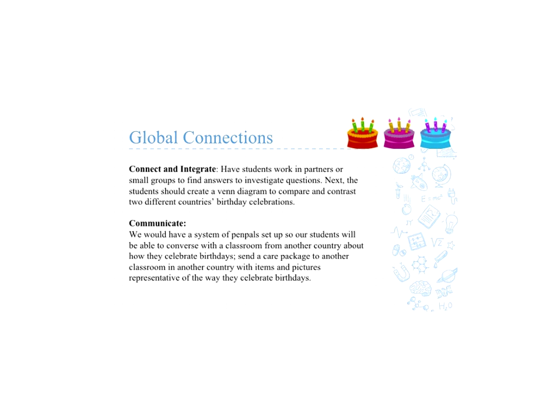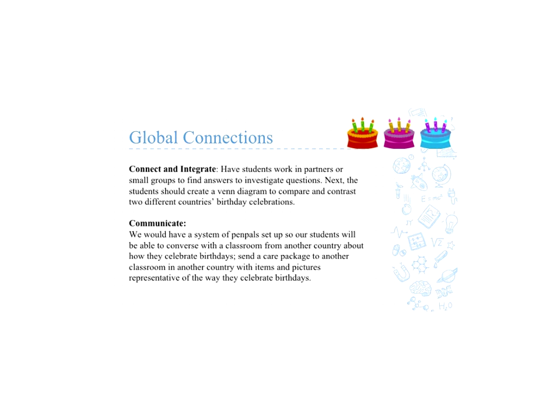One way that we would have them connect and integrate, we would have them work in partners to find answers to the questions that they had previously asked. They would create a Venn diagram to compare and contrast two different countries' birthday celebrations, such as their own and a different country.